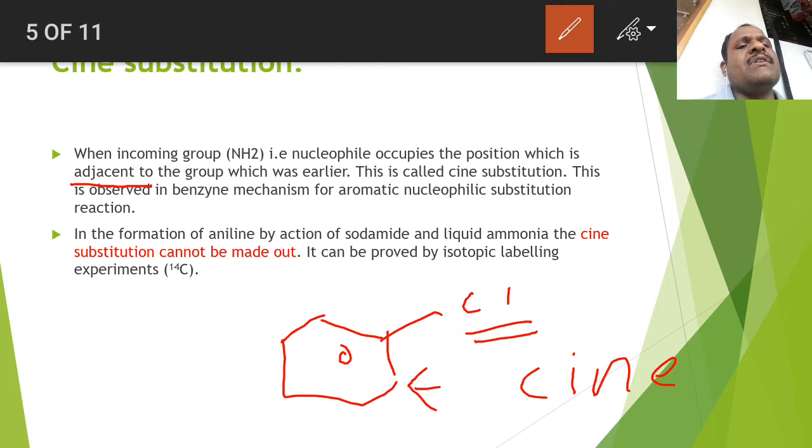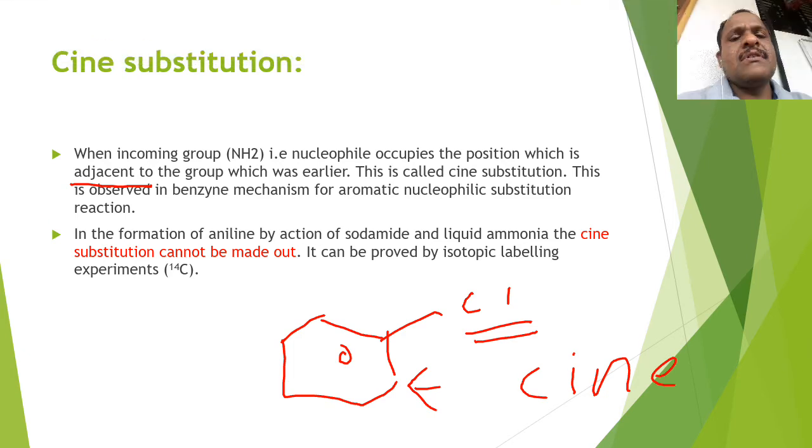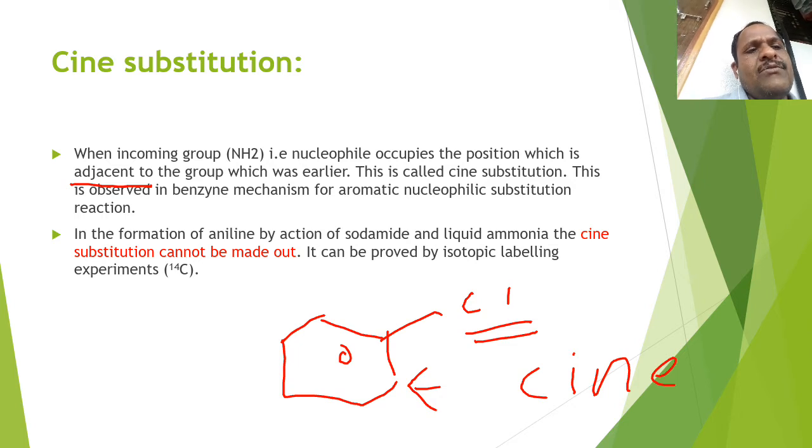This is observed only in a benzyne type of mechanism, but it is not common in all reactions where benzyne intermediates are formed. So in the formation of aniline from chlorobenzene with sodamide in liquid ammonia, cine substitution does not occur.